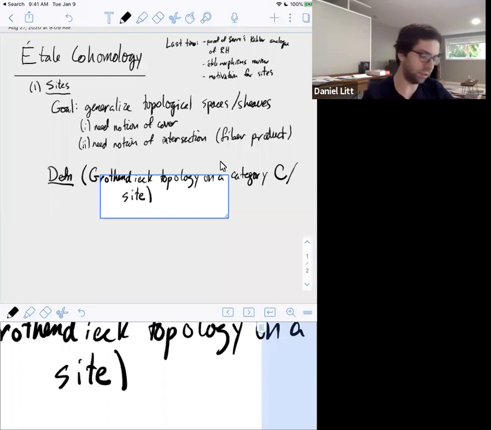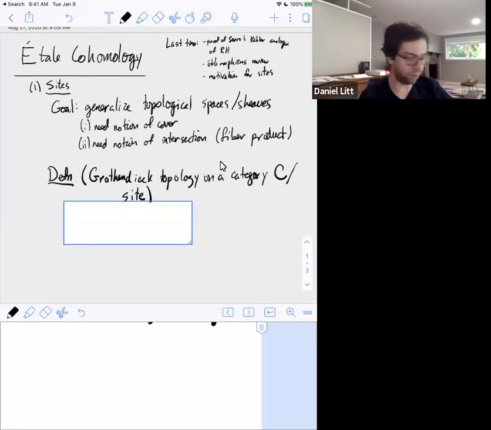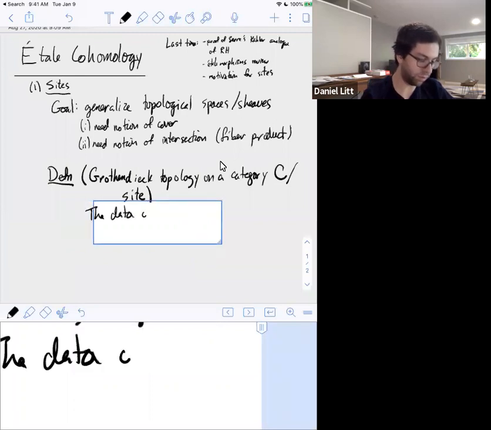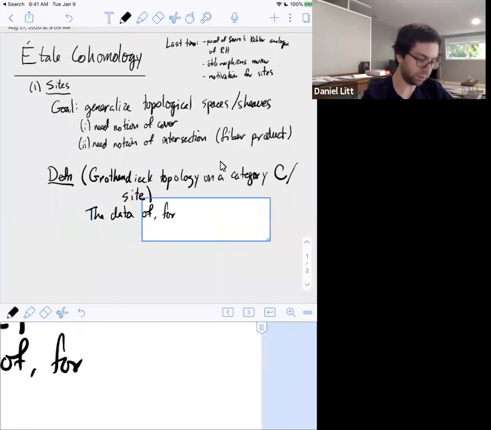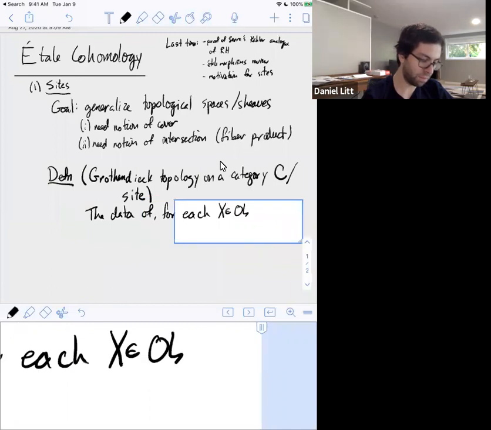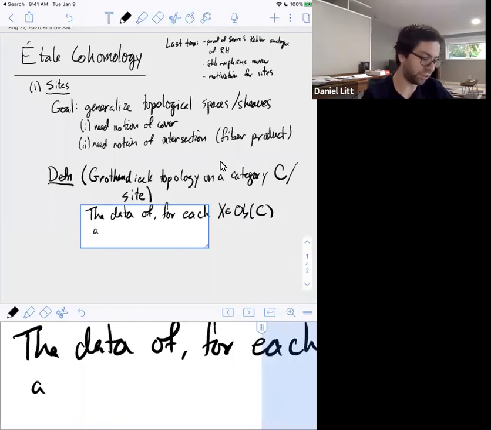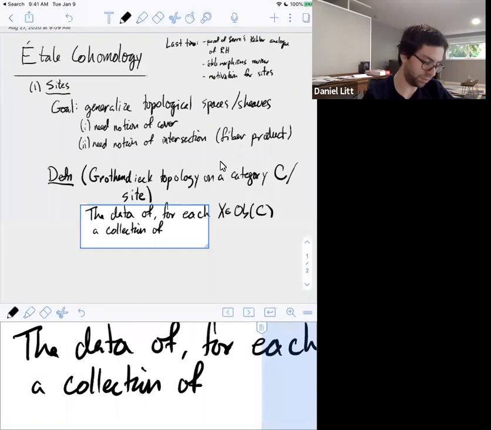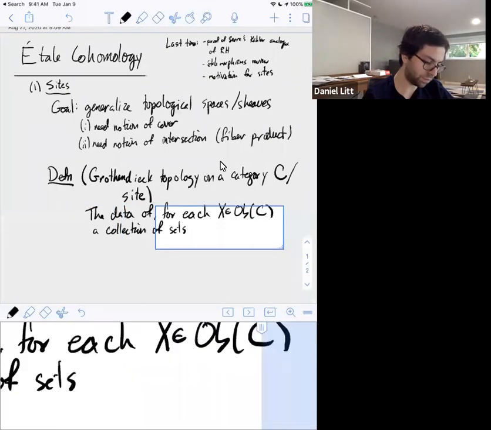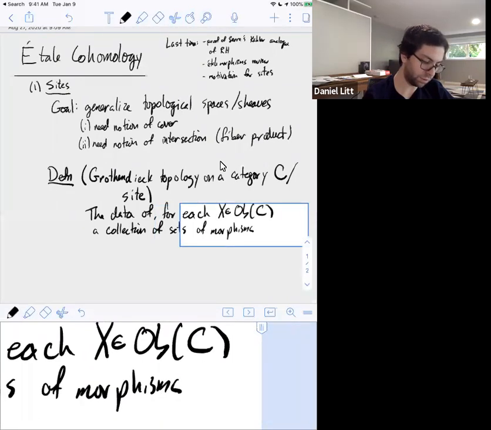Okay, so what is this? So this is the following data. It's the data, for each object X of C, of a collection of sets of morphisms X alpha to X, indexed by some set alpha.